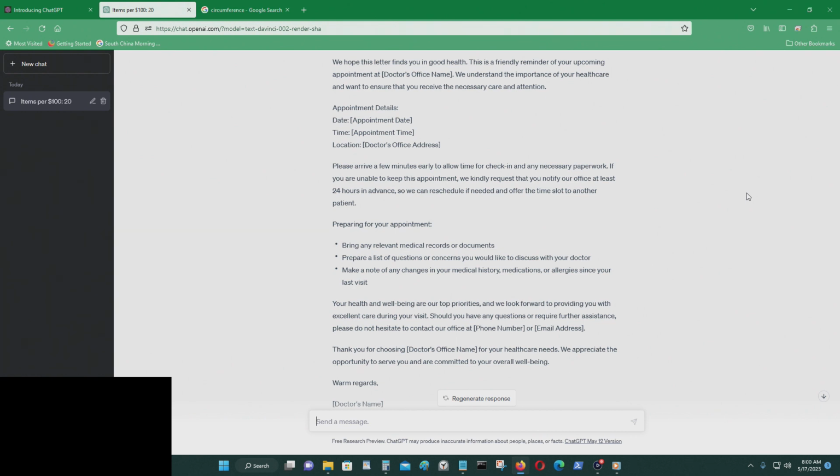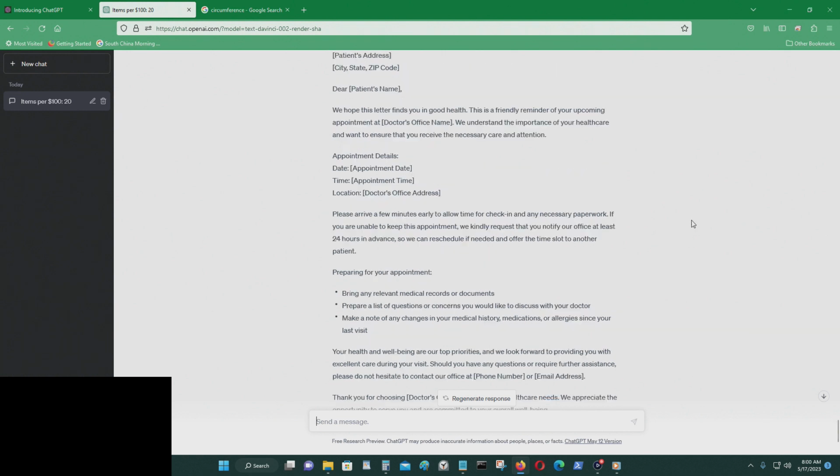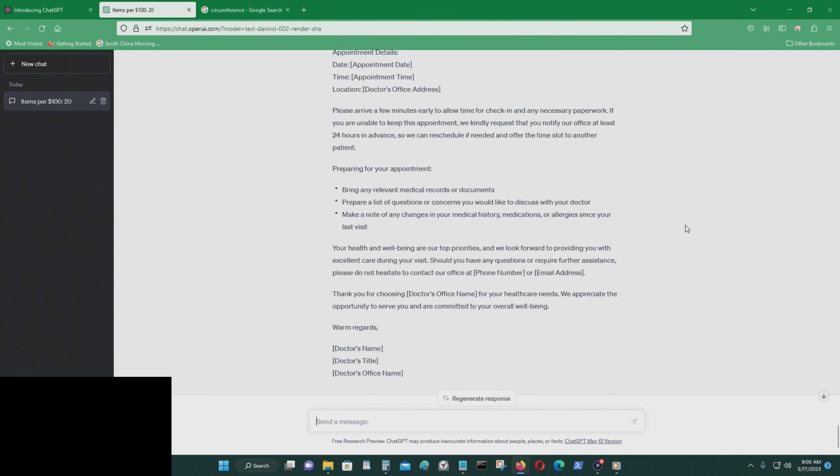That would not be a problem. And if ChatGPT could do that, I'm sure it could do other stuff. It could write scripts. It could write stories. It could perhaps even generate music. You know?